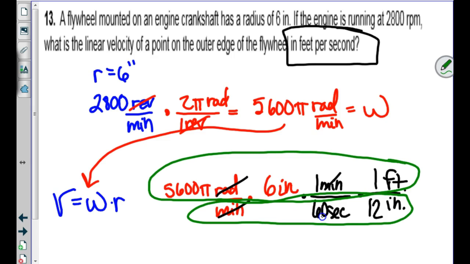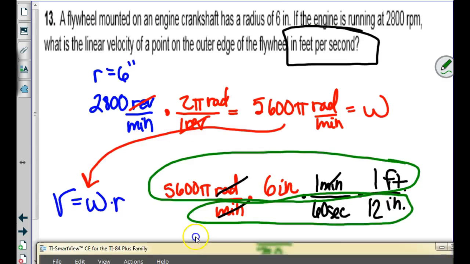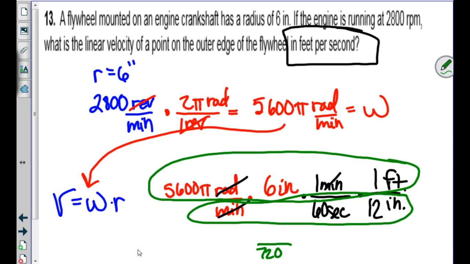And then the bottom is 60 times 12, which is 720. Okay, I did the bottom right. Anybody got the top for me? 5,600 times, what was it? 6? Okay, that's 33,600. I didn't put the pi in yet.